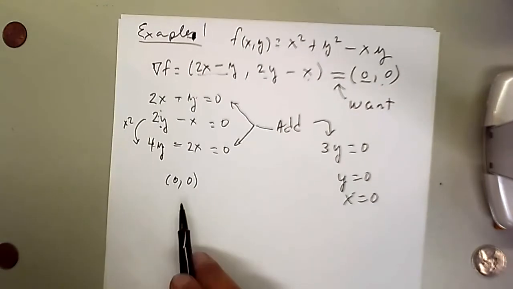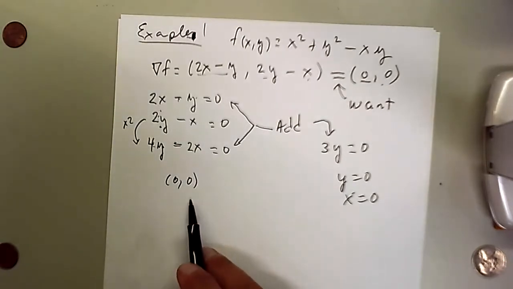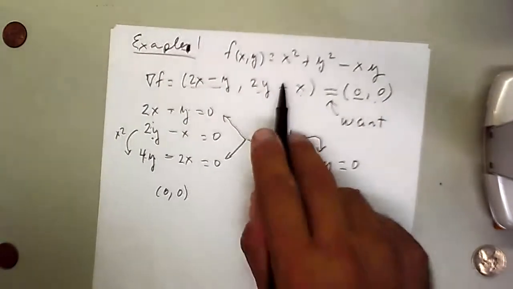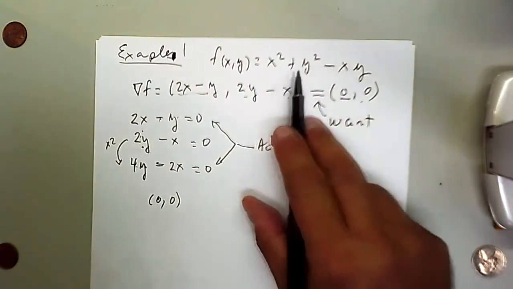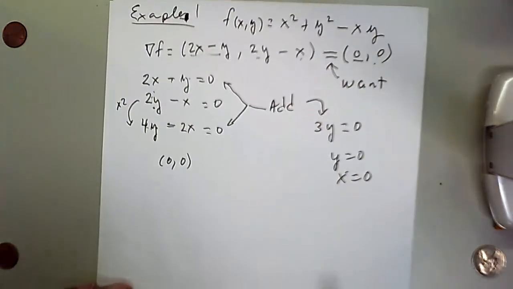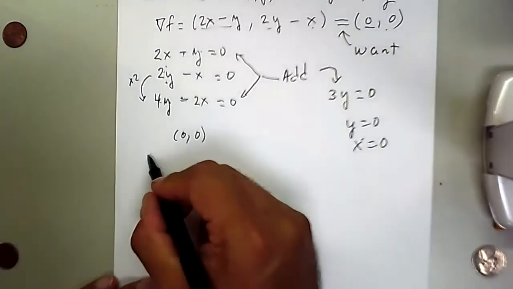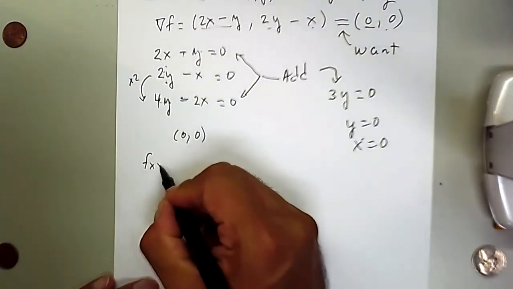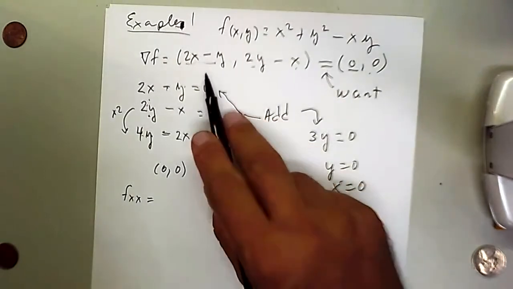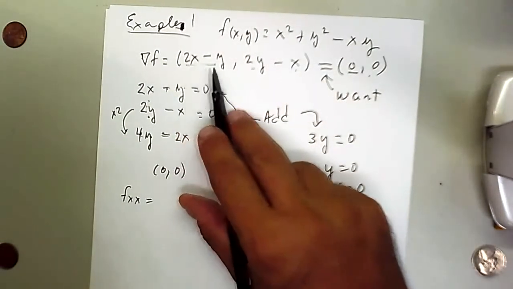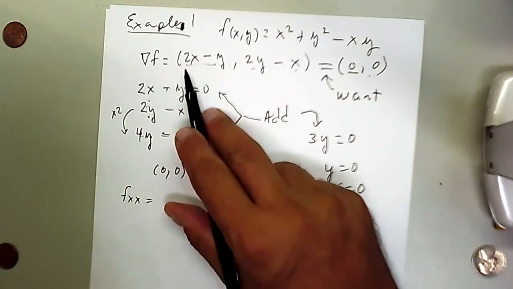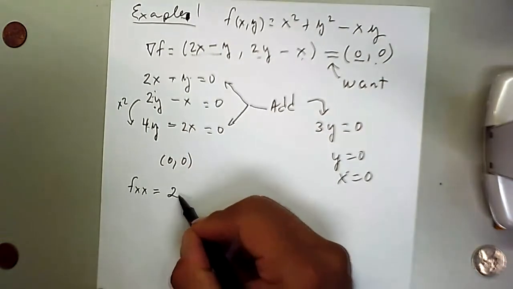So what happens here? Do we have a maximum or a minimum? It looks to me like that's going to be a minimum, because these numbers can be pretty big. But we don't know until we test. All right, so let's find the second derivative with respect to x. The first derivative of this function with respect to x is 2x minus y. The second derivative with respect to x will be 2.